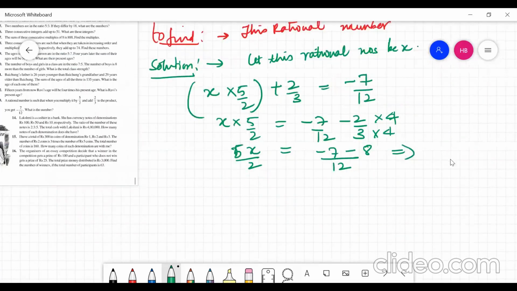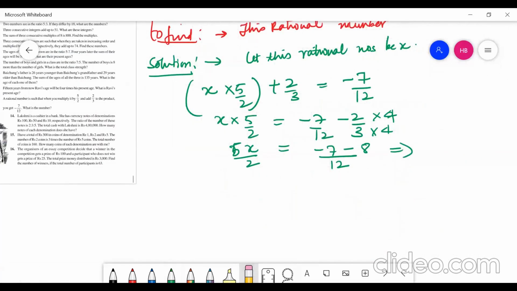This is done. You guys need to simplify this. Now minus 7 minus 8 gives minus 15 by 12, and this is 5x by 2. I can simplify minus 15 by 12: 3 fives are 15, 3 fours are 12. So I get minus 5 by 4.